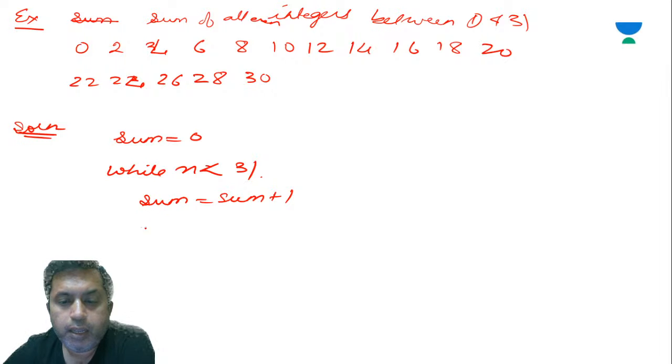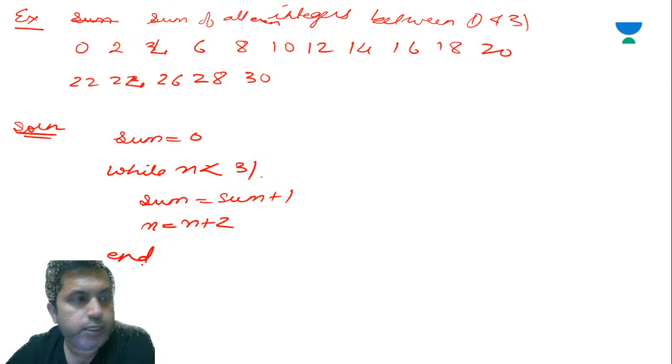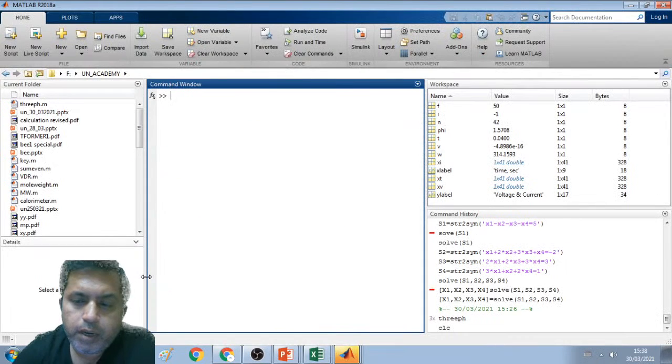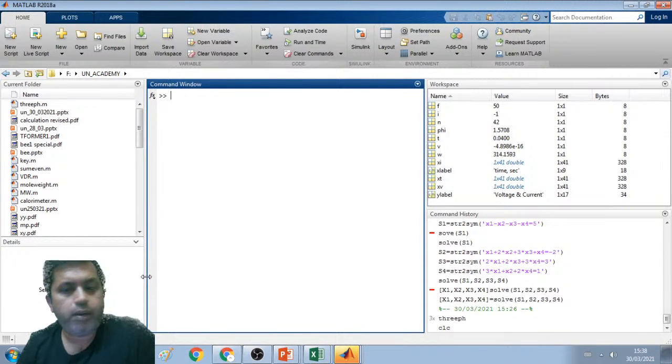Okay, then increment the integer counter by 2 because it is an even number. Then write the end statement and then sum. So let us see how it will appear in our hands-on example.